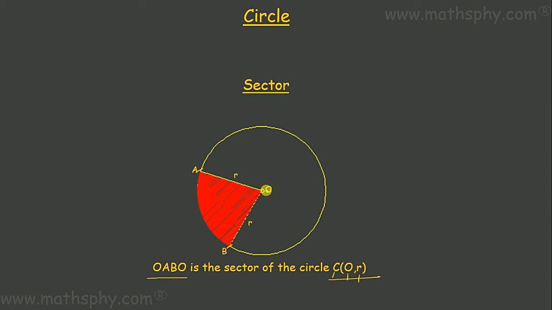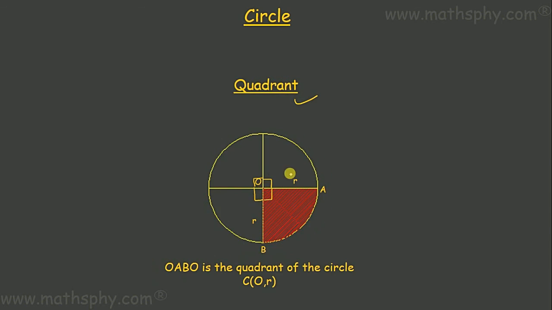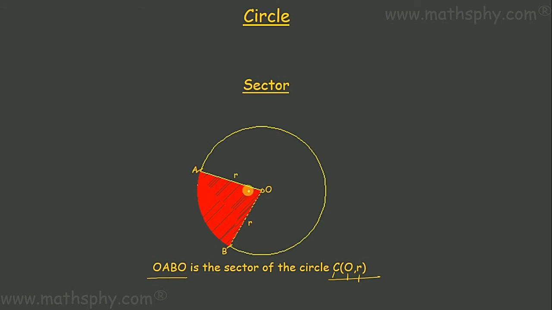Now the difference between a sector and a quadrant is we can have only 4 quadrants in a circle because we cut the circle into 4 equal parts, and the angle of all these quadrants would be 90 degrees. However, in case of a sector, we can have as many sectors as we like. I can draw one more sector here.